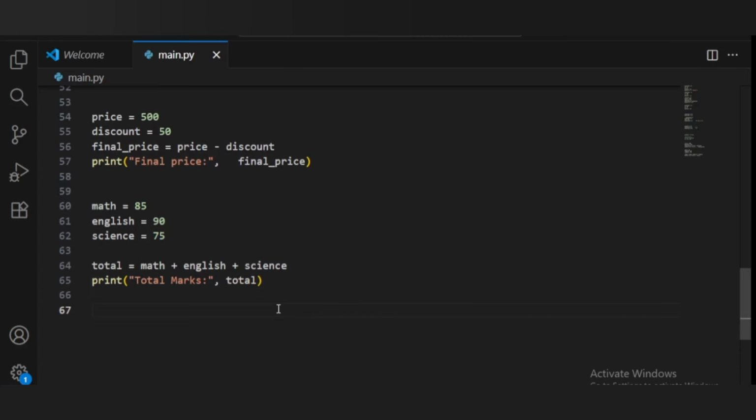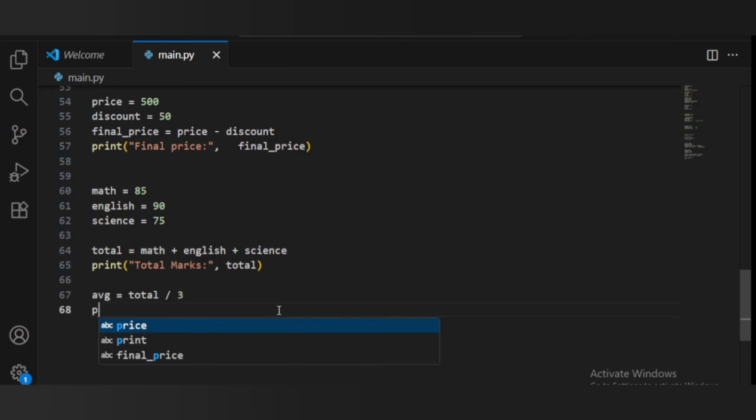The third example, average marks. Average is equal to total divided by 3, print average.